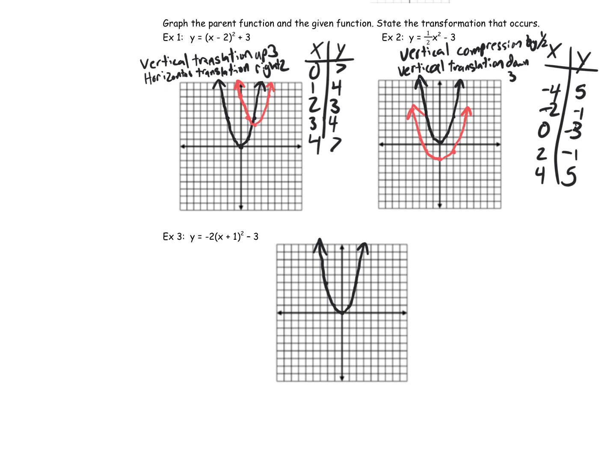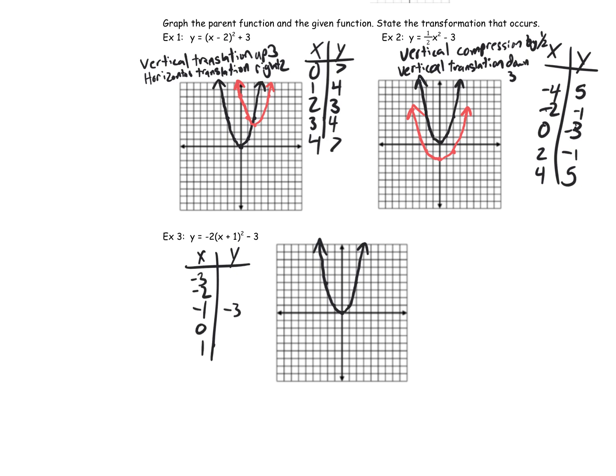Now this one, we make our XY table. Our vertex goes in the middle, so our vertex can be found with our h and our k. Our h is going to be the opposite of that, so it's going to be negative 1. Our k is what it is, so negative 1, negative 3 is our vertex. So then I'm going to find points to the left and to the right: two points to the left, so negative 2 and negative 3, and two points to the right, 0 and 1.